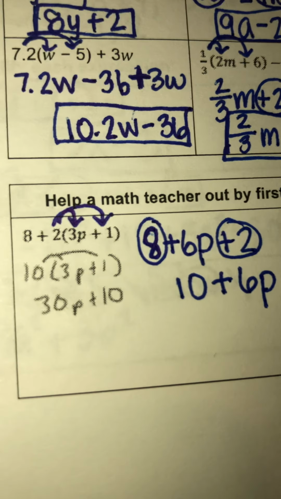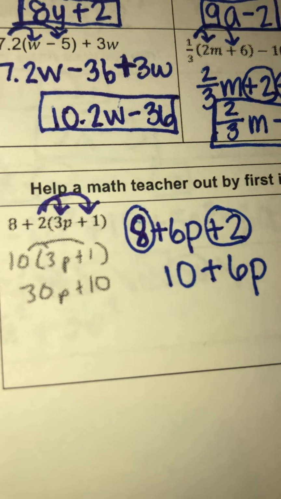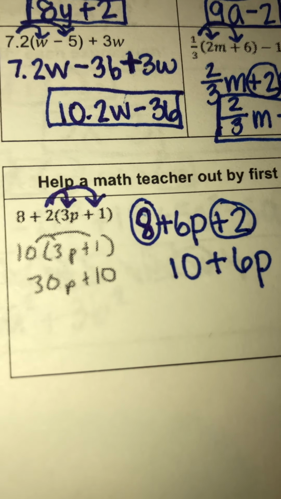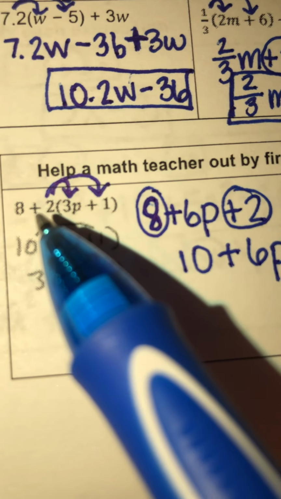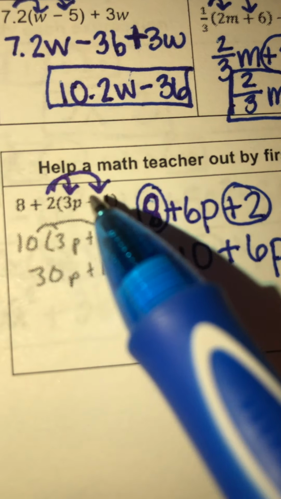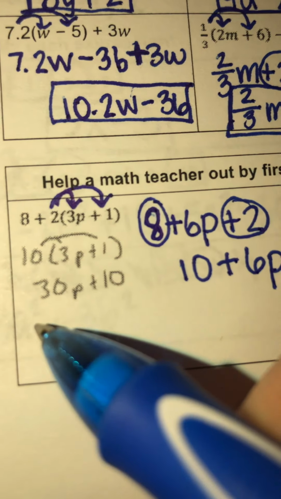Now, if I look at their answer, we both have a 10, but they have a 30, and I have a 6 with the p over here. So let's see where they went wrong. Looks like they didn't get rid of parentheses first. They added the 8 and the 2, which is wrong.